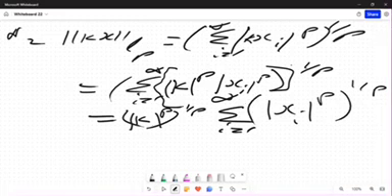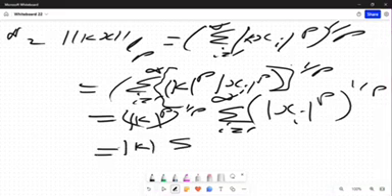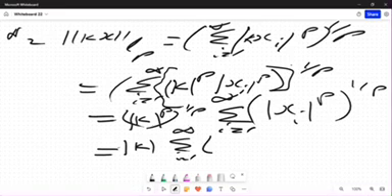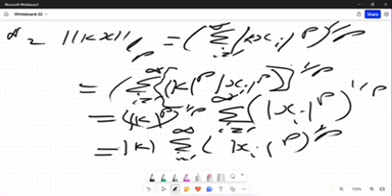Of course, p to the power 1 over p will only make this positive, which will be the modulus of k, times the summation i running from 1 to infinity of modulus of xi to the power p, to the power 1 over p.